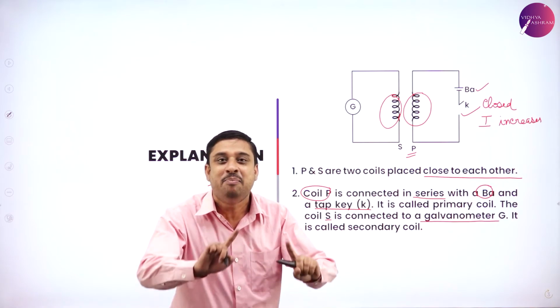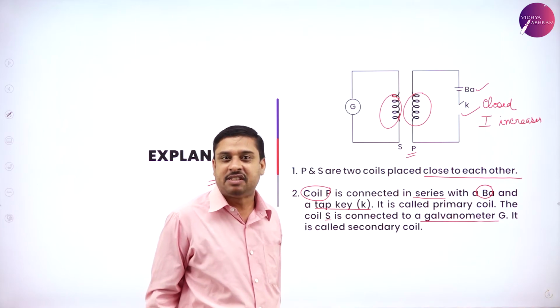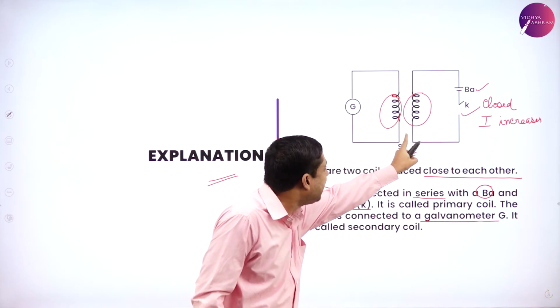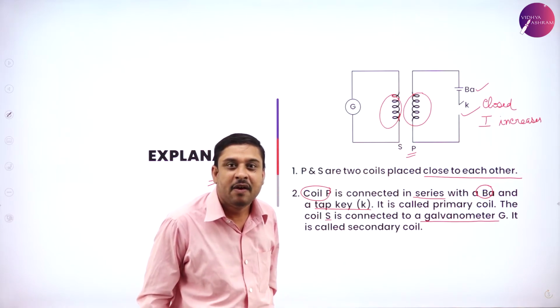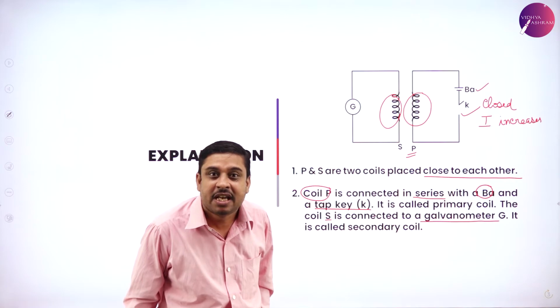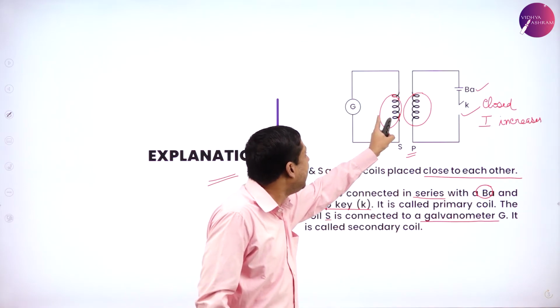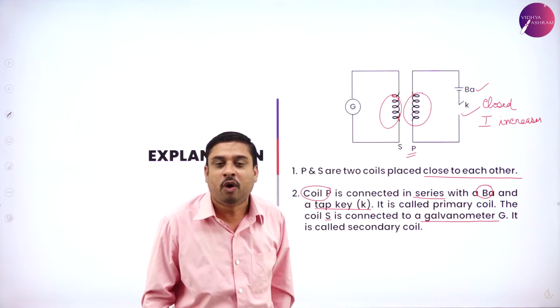Mutual induction, in between a pair of coils. Current flowing through the primary coil will change the magnetic flux linked with the secondary coil. How did I come to know?